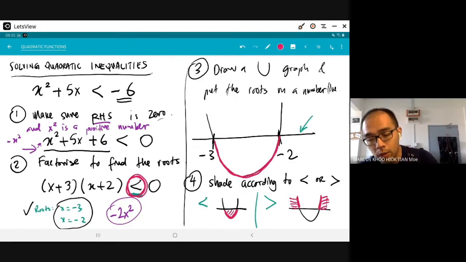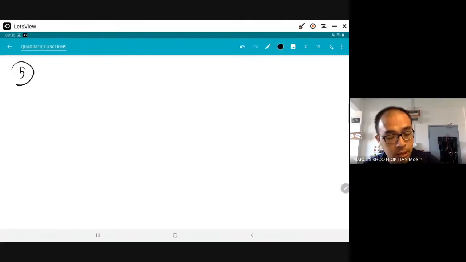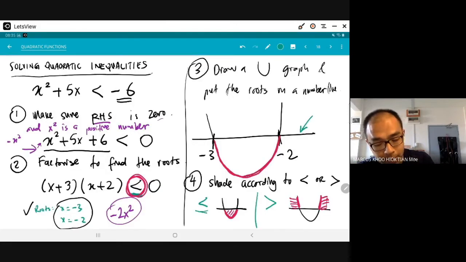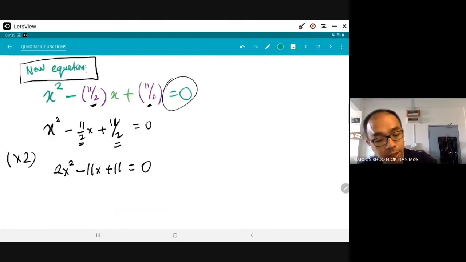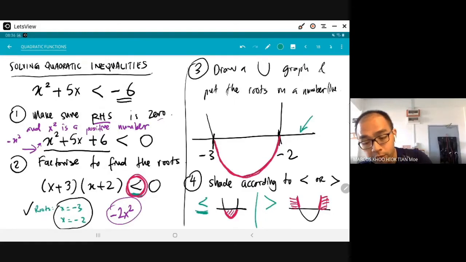Okay, now last step, sorry there's step 5. Okay, last step is, okay, write the solution for the inequality. Okay, so kalau tempat yang kamu lorek kalau dia adalah less, so just now our roots are negative 3 and negative 2 bahkan.